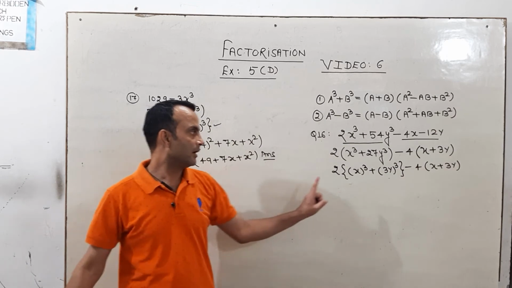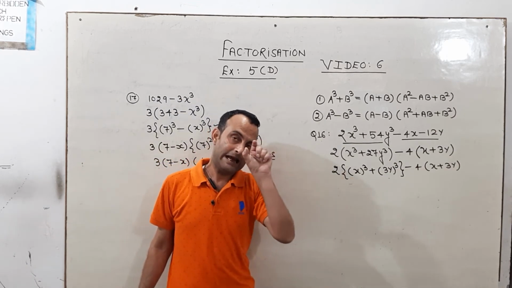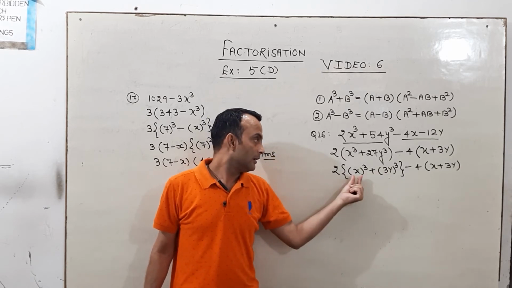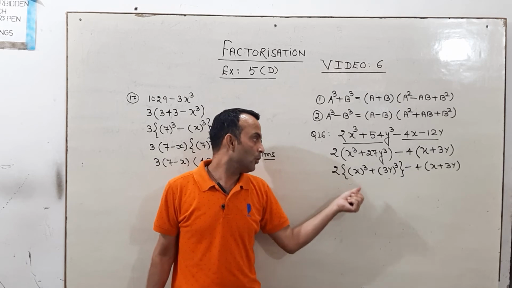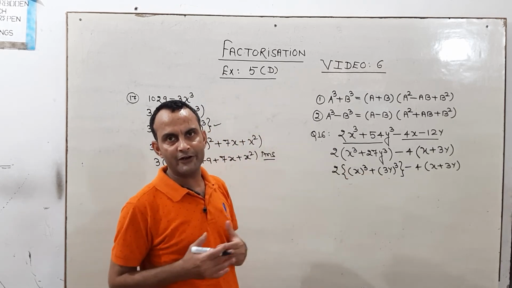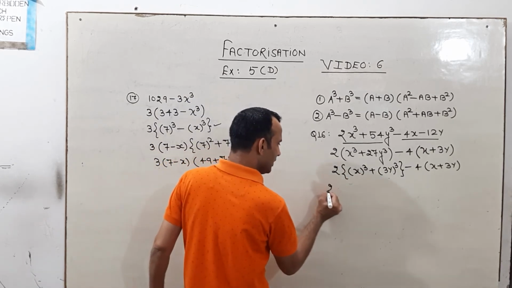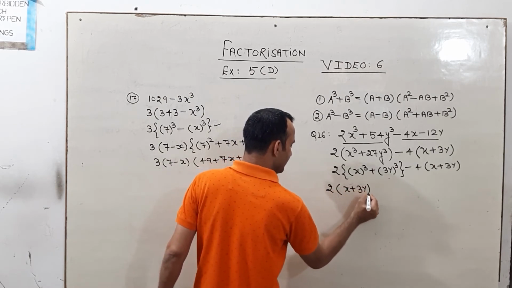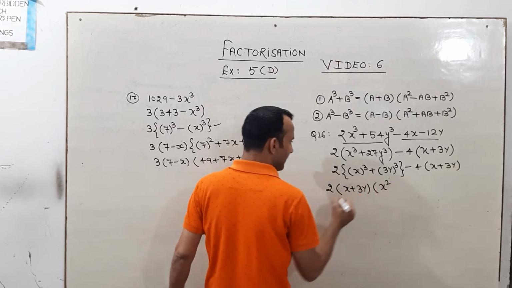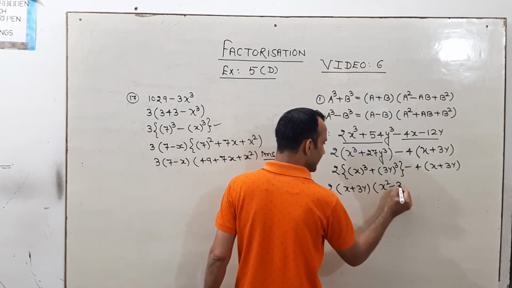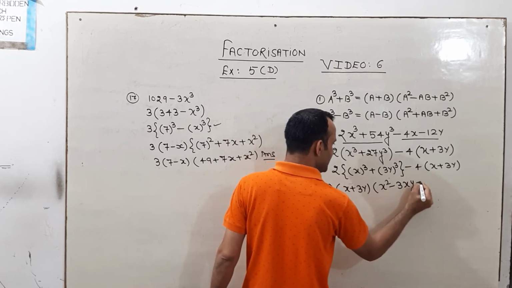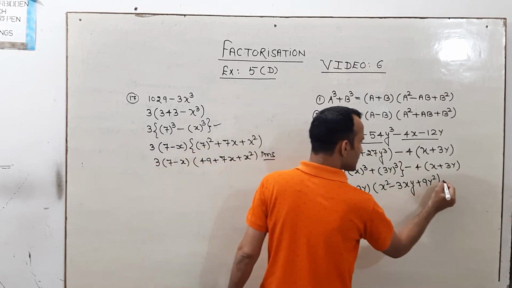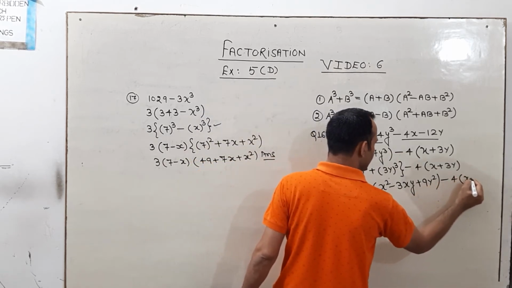Now dear students, see here, if x acts as a and 3y acts as b, then the given expression gets converted into a cube plus b cube. So apply the identity a cube plus b cube: a plus b, that is x plus 3y, times a square, that is x square, minus ab, that is 3xy, plus b square, that is 9y square, minus 4 times of x plus 3y.